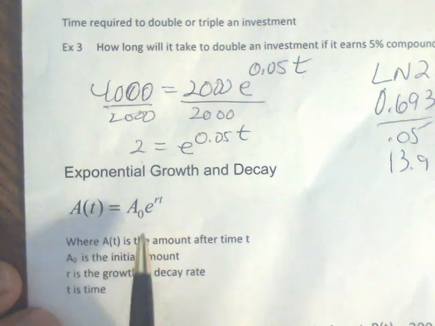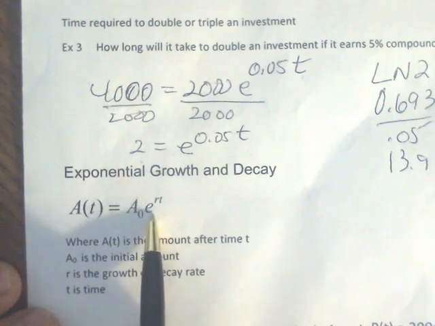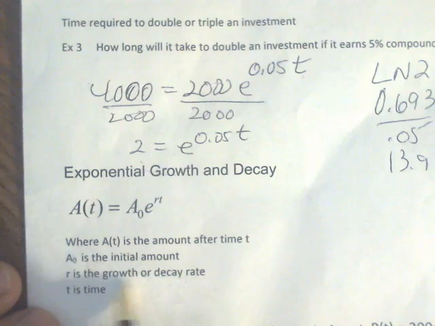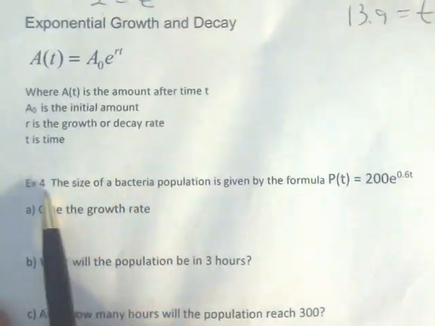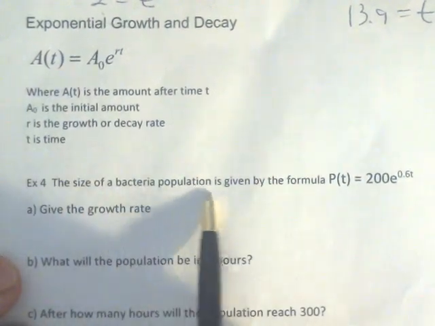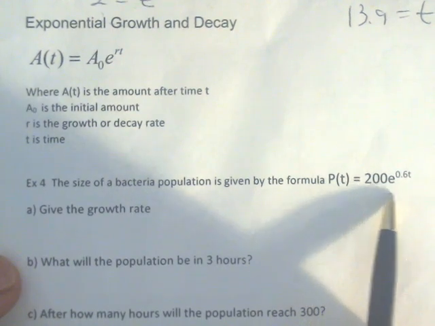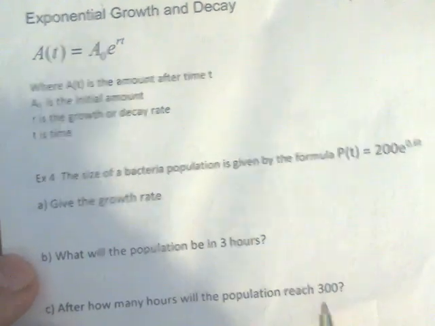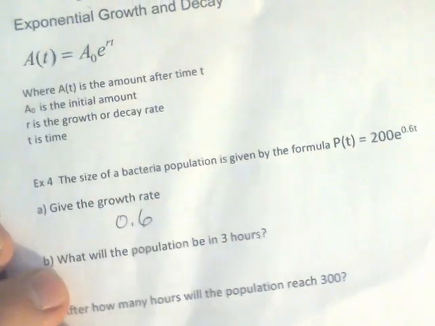That A sub 0 is always the amount you start with. And then it's e, r is the growth or decay rate, and t is time. So if I have a formula here, the size of a bacteria population is given by P of t is 200 e to the 0.6 t. I want to give the growth rate, and it's 0.6.